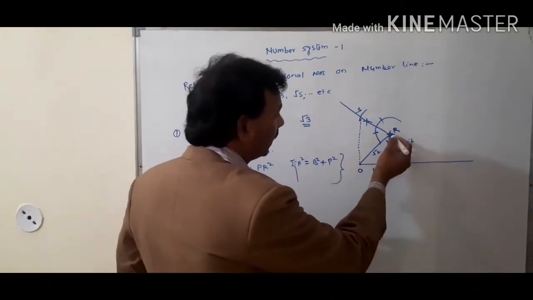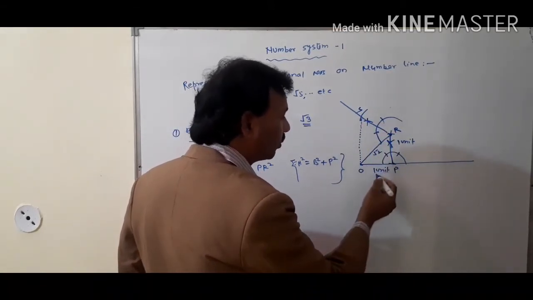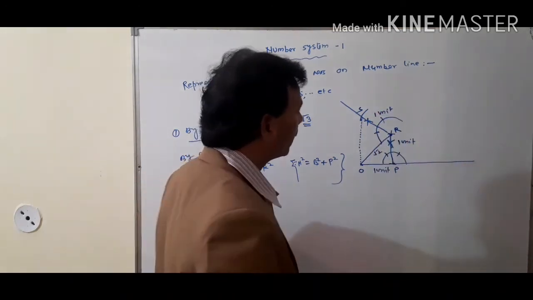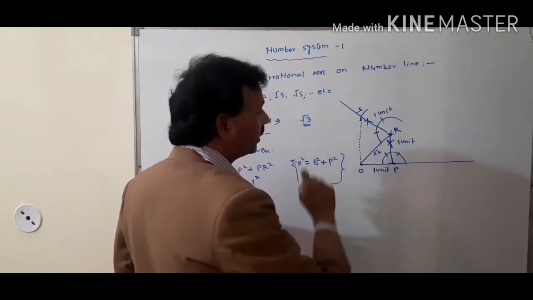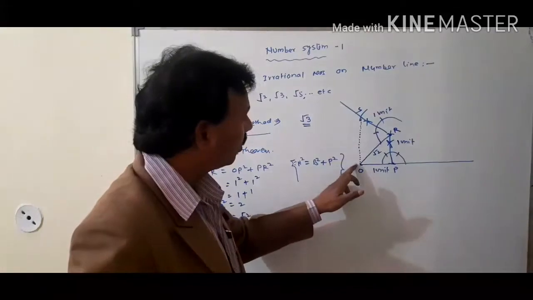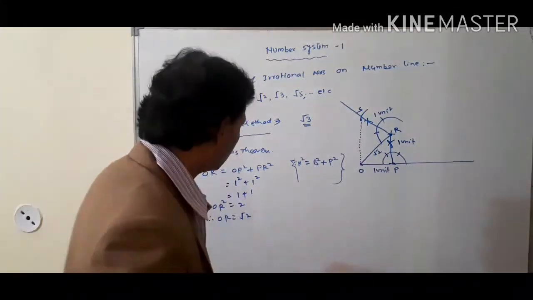Since the length of RS is equal to OP, and OP is equal to 1 unit, RS will also be 1 unit. And OR equals root under 2 units. Since this angle is 90 degrees, ORS is a triangle and this triangle is also right angled.